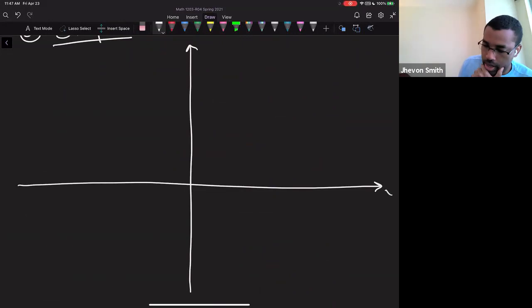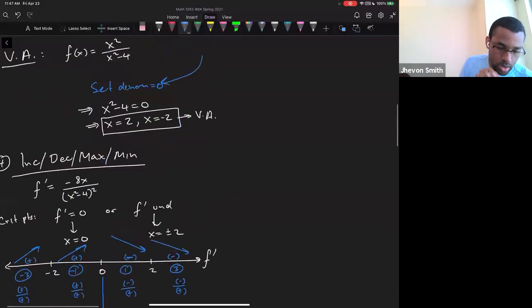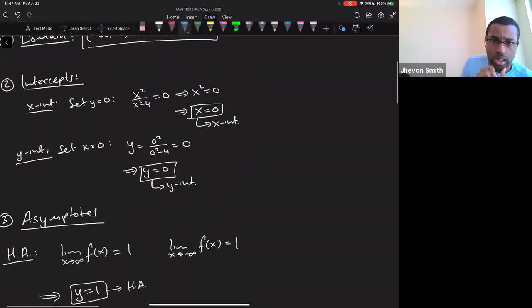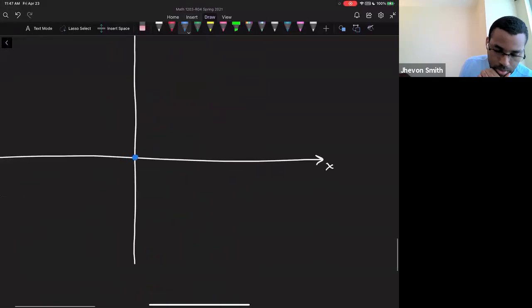There we have the x-axis, we have the y-axis. And now remember what we put in first. We're going to put in all the coordinates that are important. So things like the x-intercept and y-intercept, which here there's only one, that's (0, 0). That's an intercept, the origin.